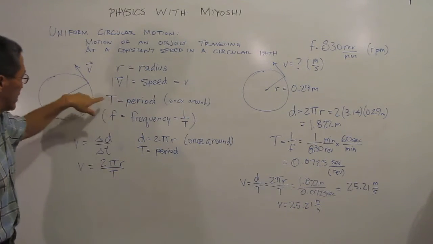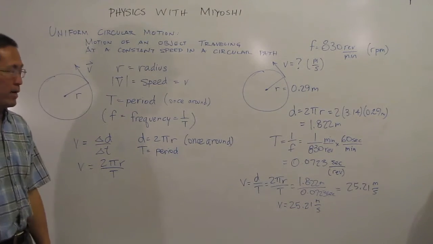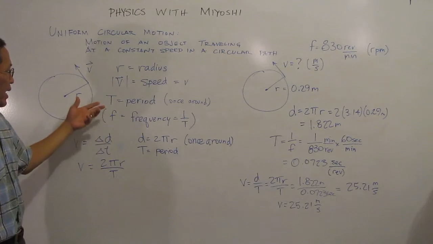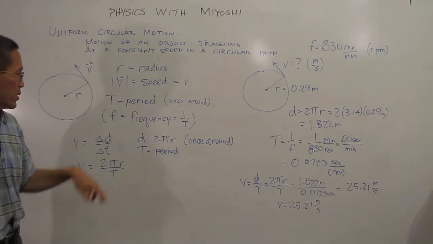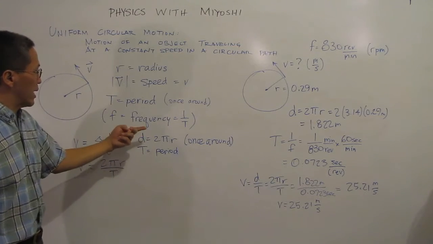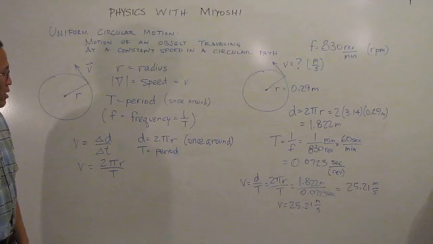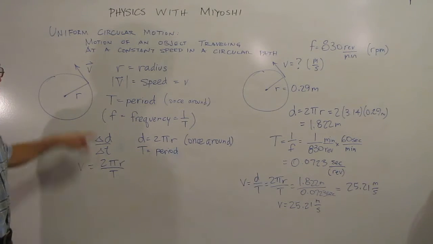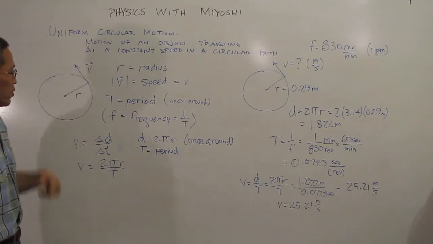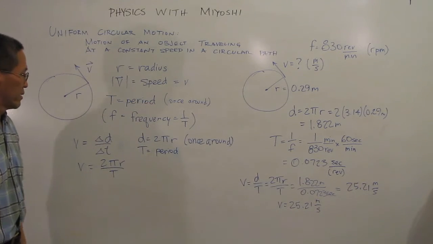The period is the time it takes for the object to go all the way around the circle one time, just one time. And even though it's not in our particular book, there's this thing called the frequency, which is 1 over the period, or it's the time it takes for one revolution. It's the reciprocal of the period.